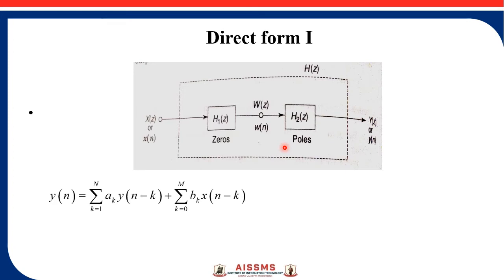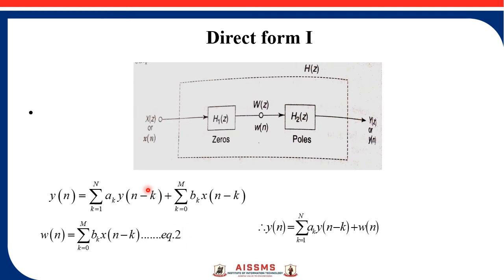Now let us again view the LTI system difference equation, and this w of n, which is the output of the first part, is represented with summation b k x of n minus k. With this equation, w of n is represented, and in the original equation for y of n, I have substituted this equation 2.